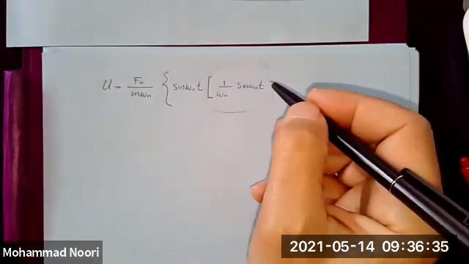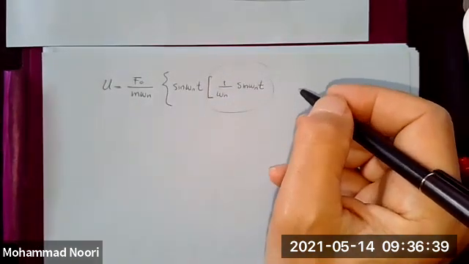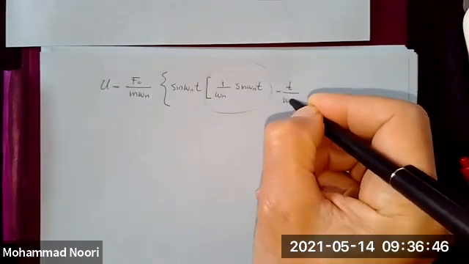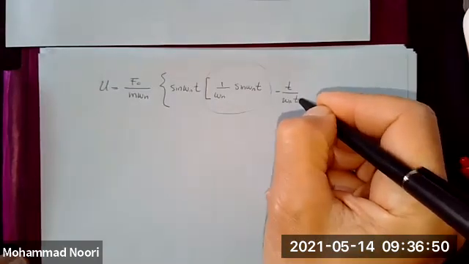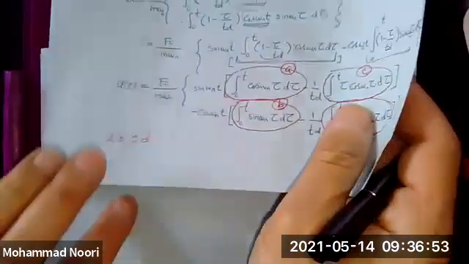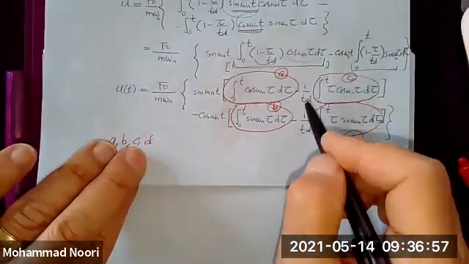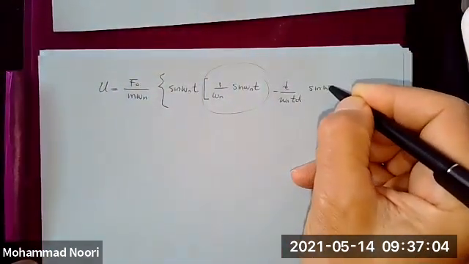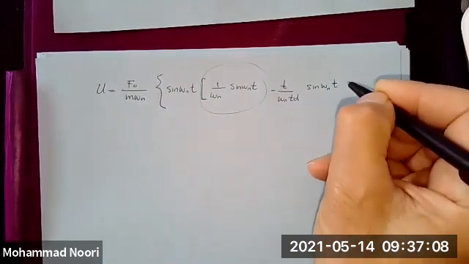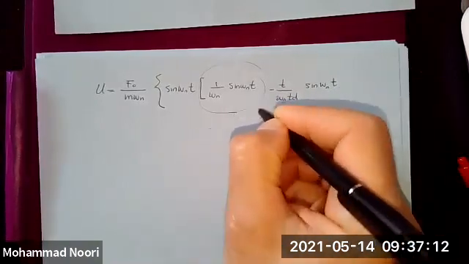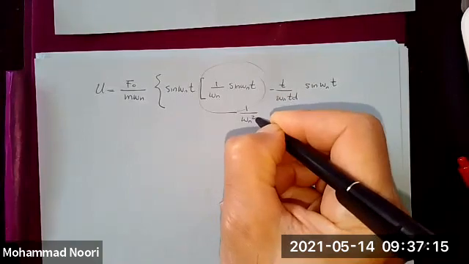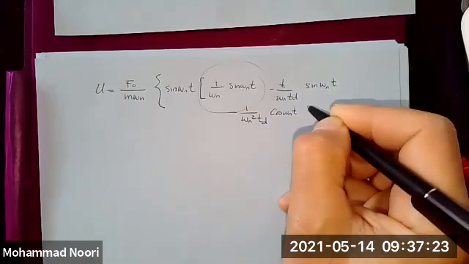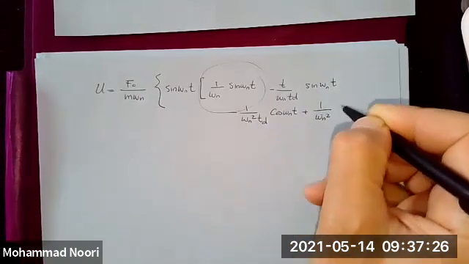This is A, and C is negative t over omega n t d, because you have, remember, 1 over t d multiplied by C, and that will give you this sine omega n t minus 1 over omega n squared t d times cosine of omega n t plus 1 over omega n t squared t d.